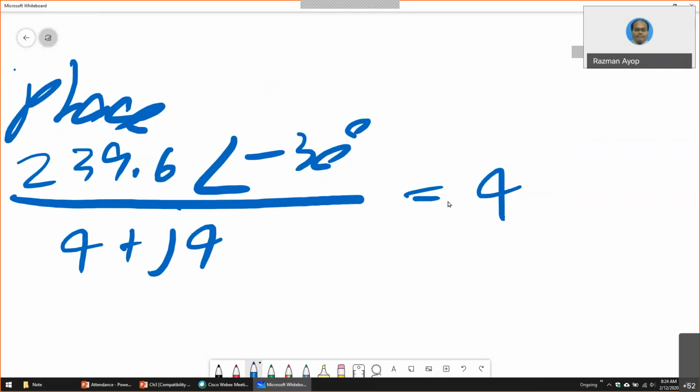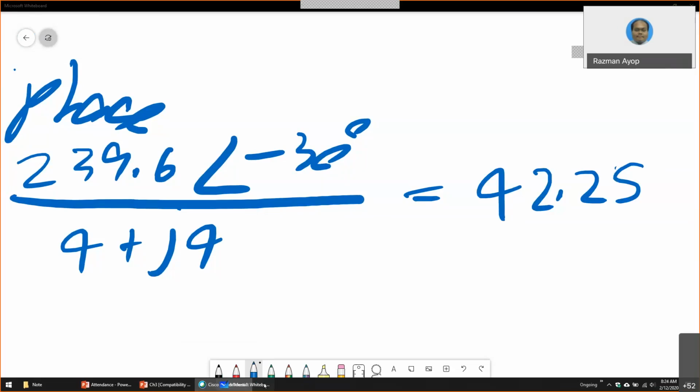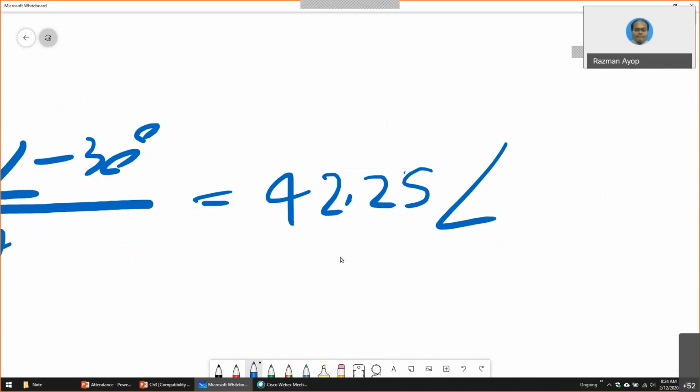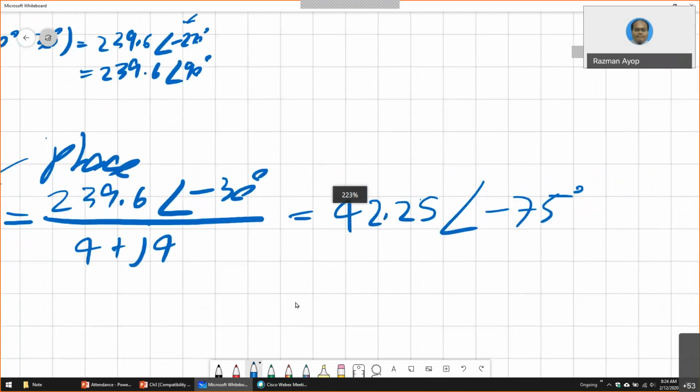So 42.25, and the angle is negative 75 degree. So you get the first line current.